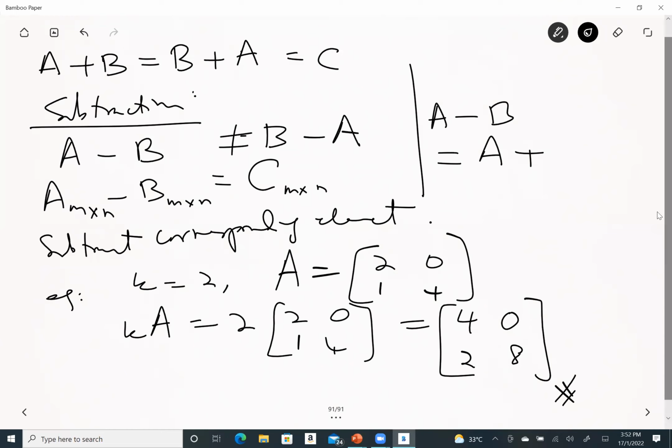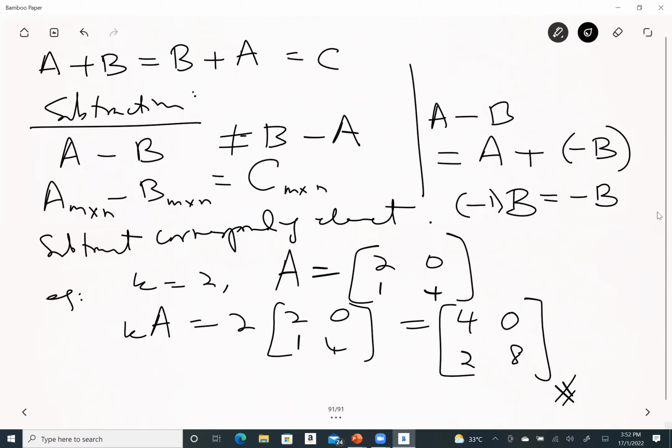Okay, so what you can do, you make it like this. It becomes A plus negative B. All right, so how do I get negative B? So what you do here, you multiply negative 1 to that B. So you got negative B. Okay, and then you put the operation as a plus.